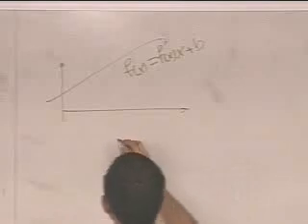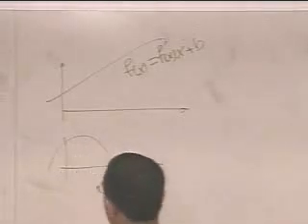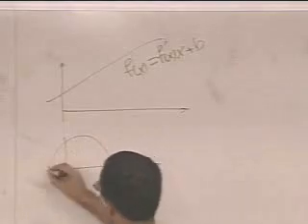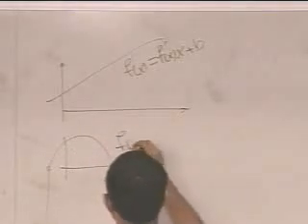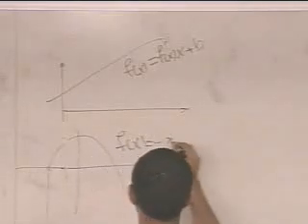Now, if you have another function, let's look at it like this. This might be f of x equals, bad drawing, minus x squared plus something. I drew it badly.